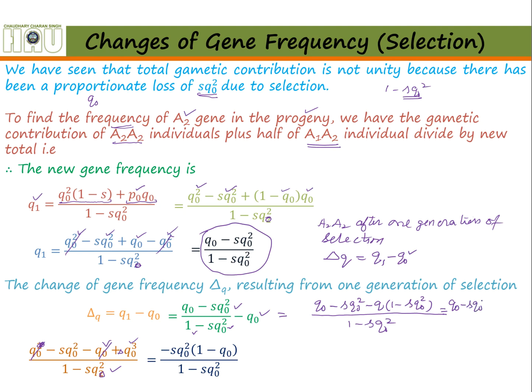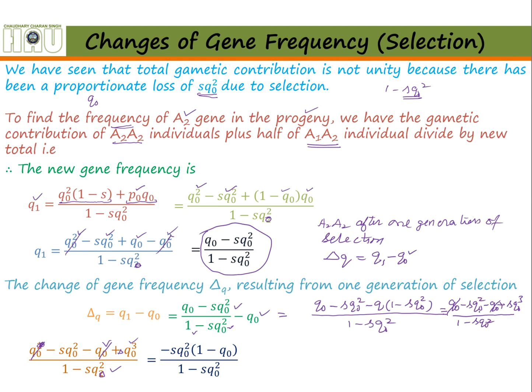So on simplification, I will get Q0 minus SQ0 square minus Q0 plus SQ0 cube divided by 1 minus SQ0 square. Now this cancels out.